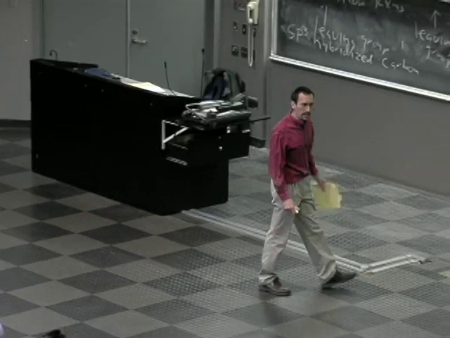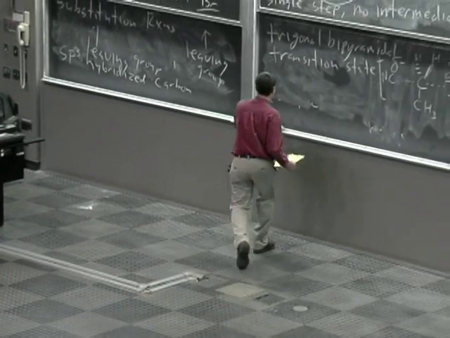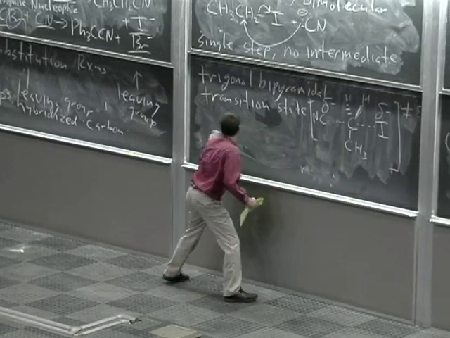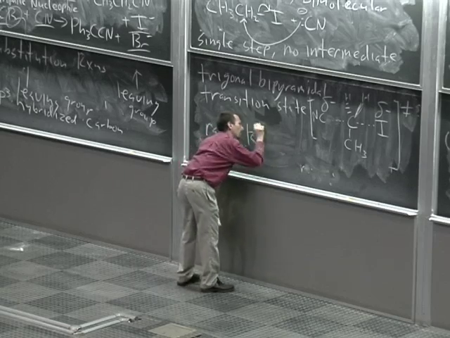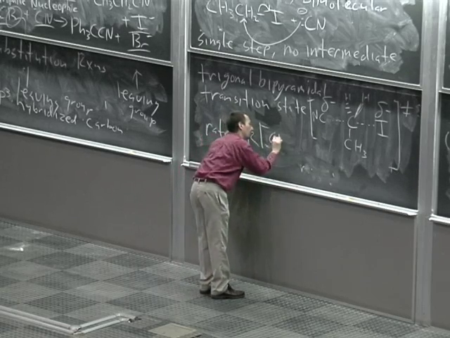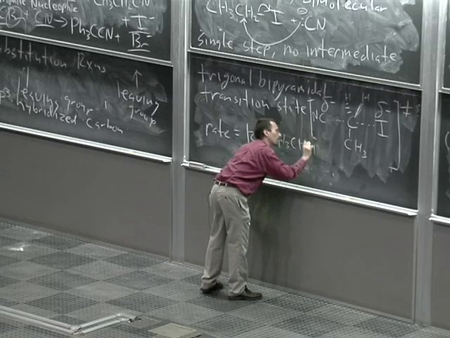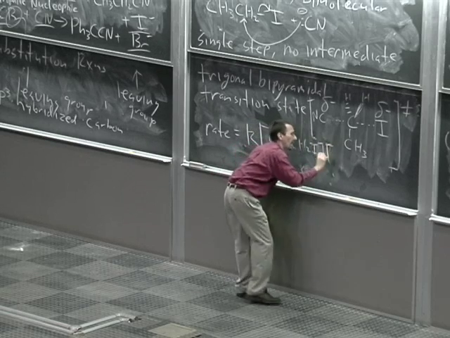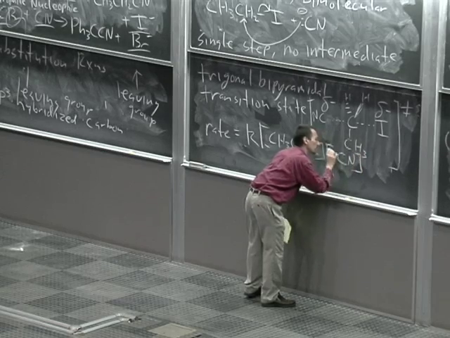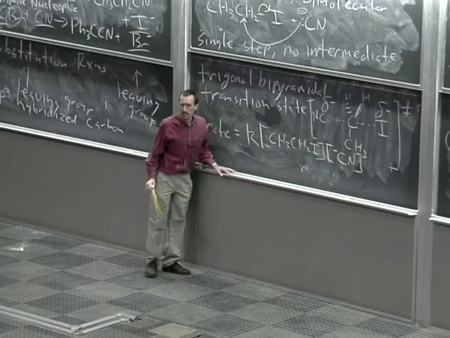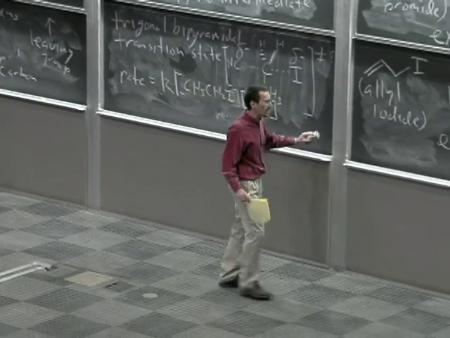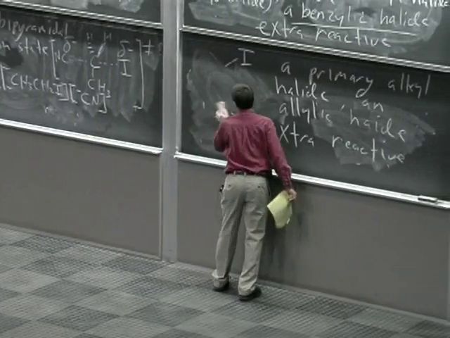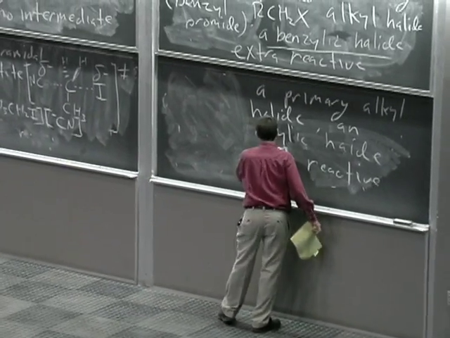And so the rate law for this reaction is that the rate is equal to the product of the concentration of those two reactants: the concentration of ethyl iodide and the concentration of cyanide anion. Double the concentration of either of those, the reaction goes twice as fast. Double the concentration of both of them, and the reaction goes 4 times as fast.